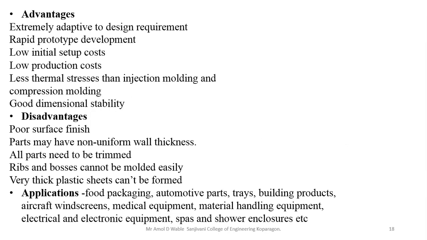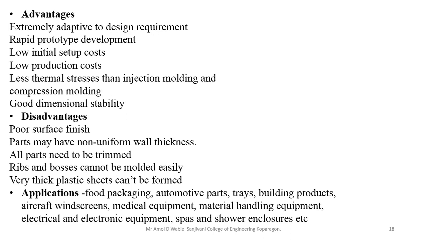So advantages: extremely adaptive to design requirements, rapid prototype development, low initial setup cost, low production cost, less thermal stresses than injection molding and compression molding, and good dimensional stability. Disadvantages: poor surface finish, parts may have non-uniform wall thickness, all parts need to be trimmed, and ribs and bosses cannot be molded easily.